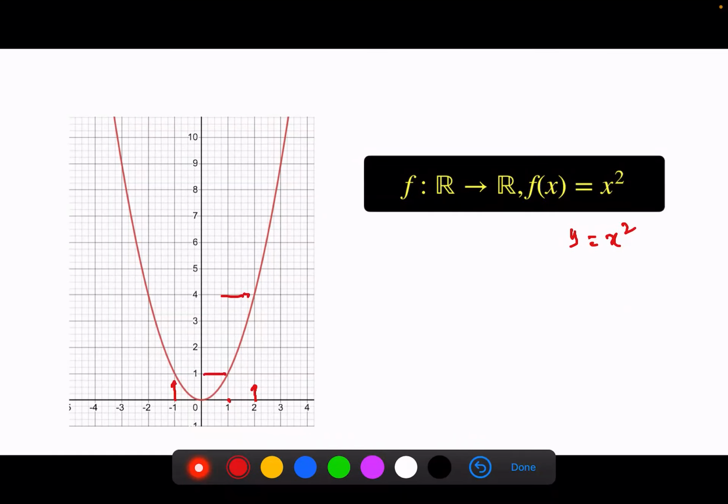And then, guys, another thing is, whenever you have a graph, by just looking at the graph, you can say whether this is a function or not. Because you can graph things for anything, whether it is a function or not.